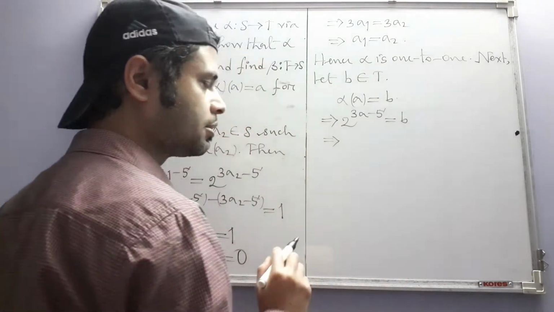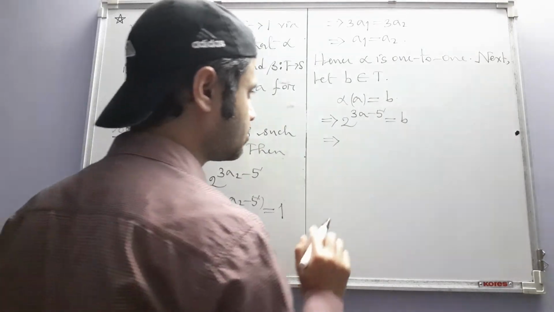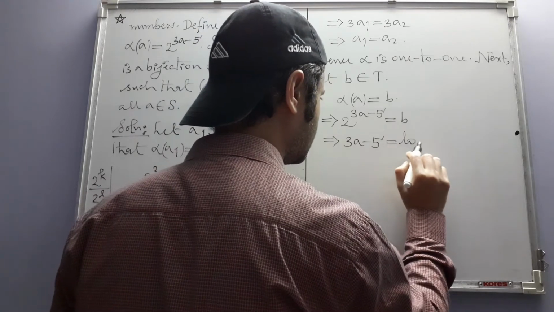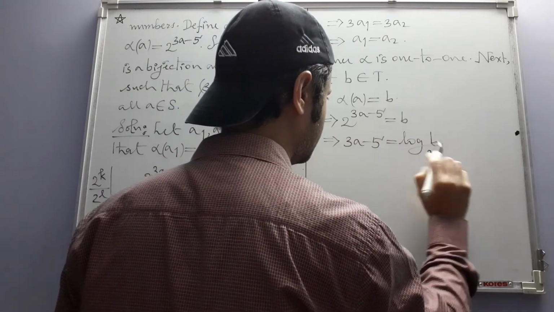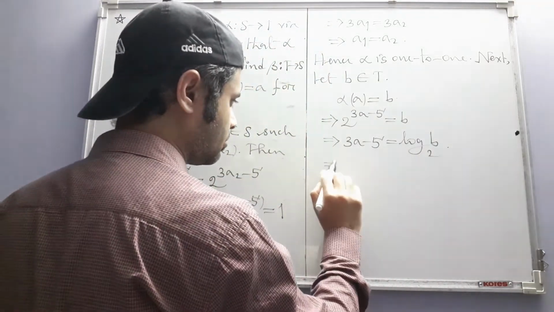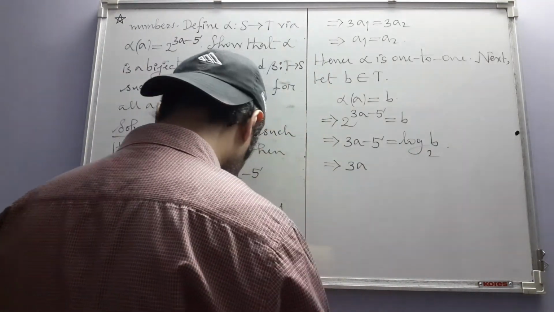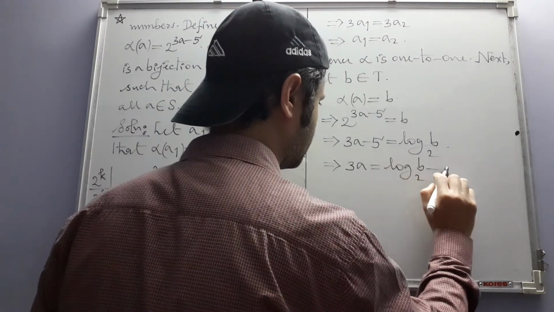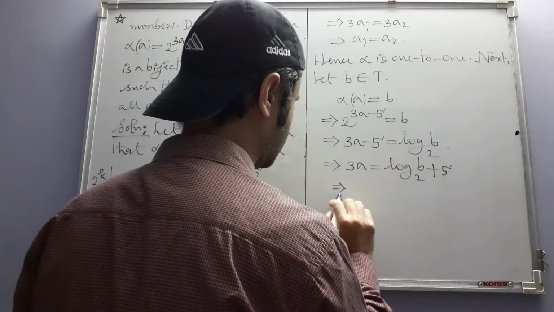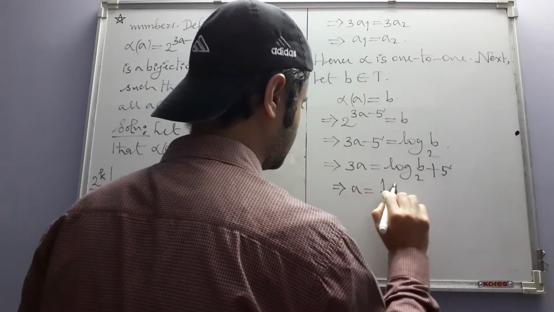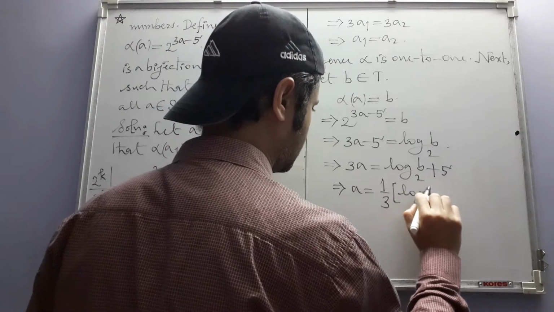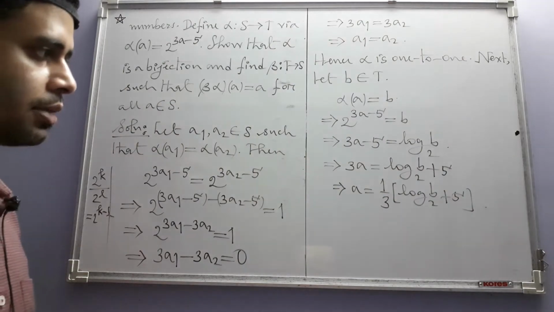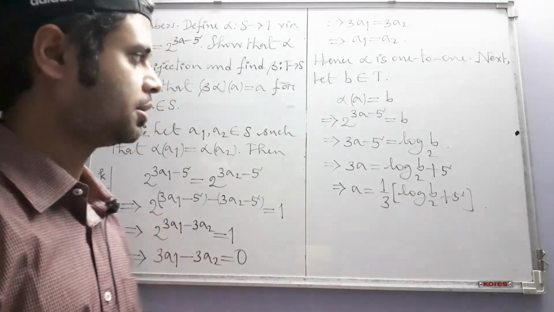Take logarithm on both sides to the base 2. You get 3A minus 5 is equal to log B to the base 2. So 3A is equal to log B to the base 2 plus 5, and A is a third of this. So that means this is our inverse image.